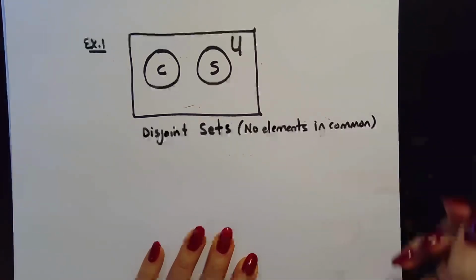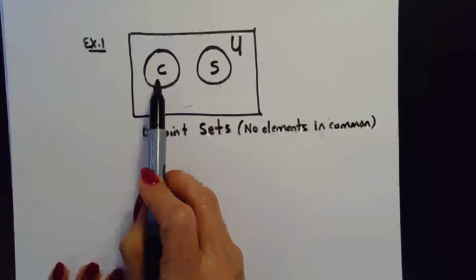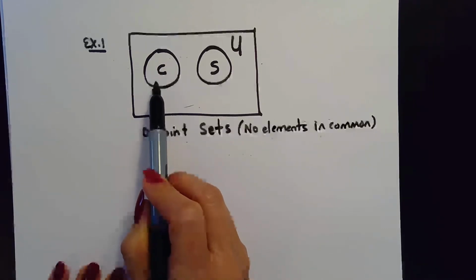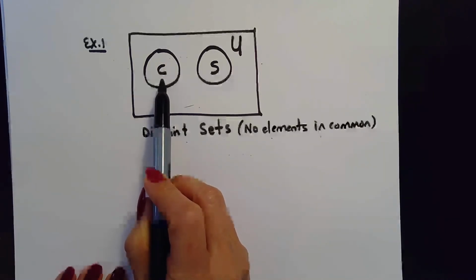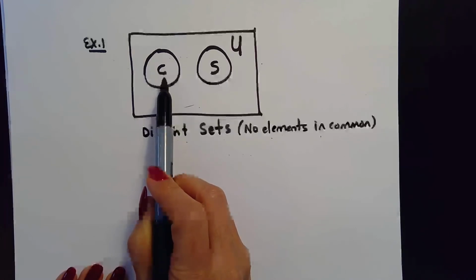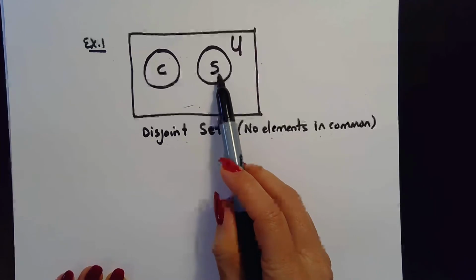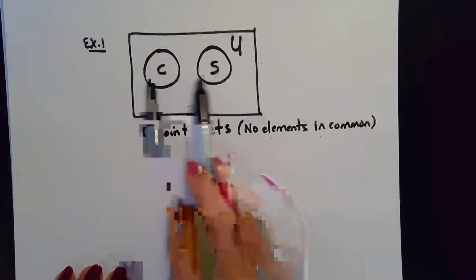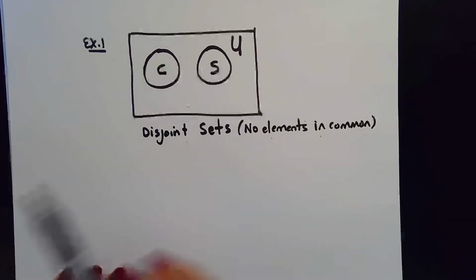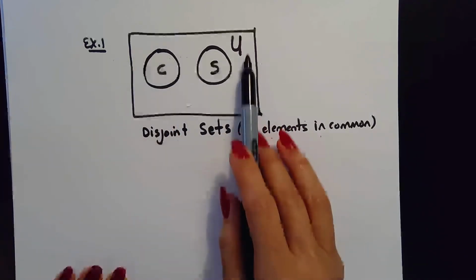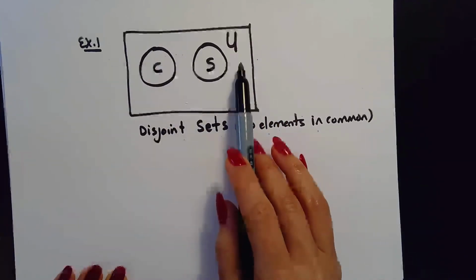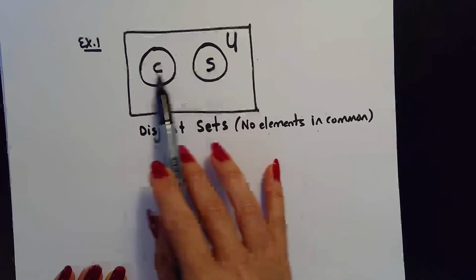So they have no elements in common, because set C represents all the regular customers that are 12 or under, right? And S is the set of all the regular customers 55 or over. So as you can see, they have no elements in common. And then every other customer that goes to IHOP is going to be found outside of these, right?